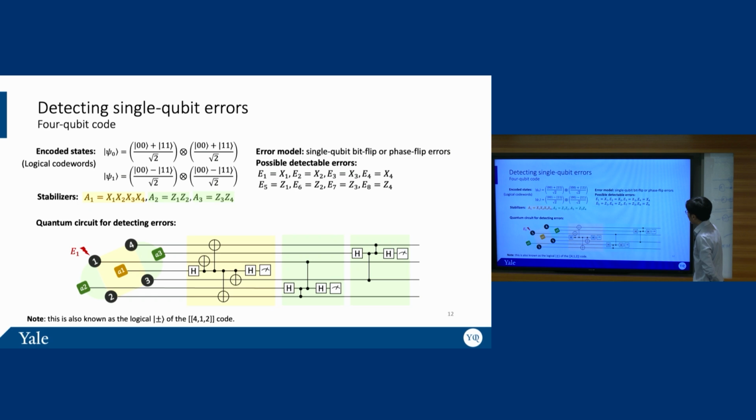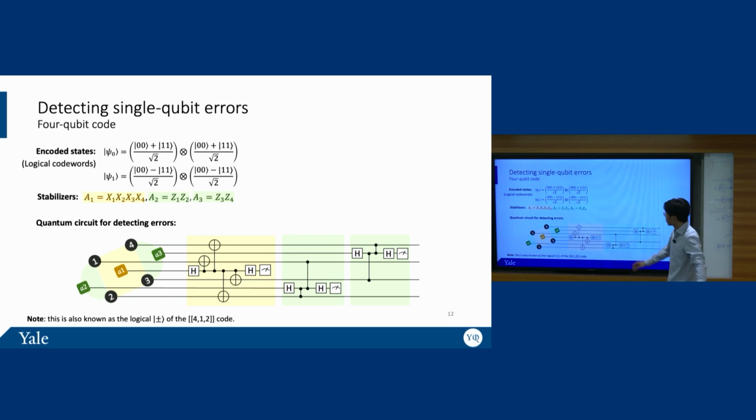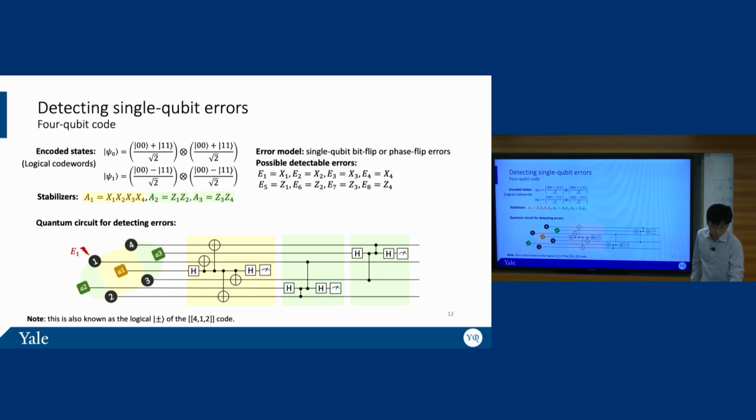Before I do that, you can quickly check that the action of the stabilizers on these encoded states is trivial, meaning that these are +1 eigenstates of the stabilizers.